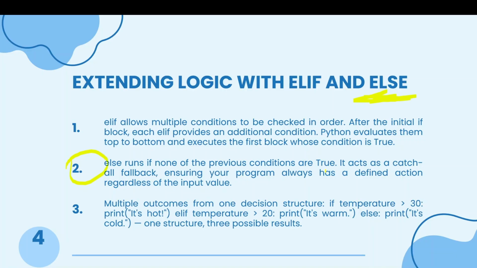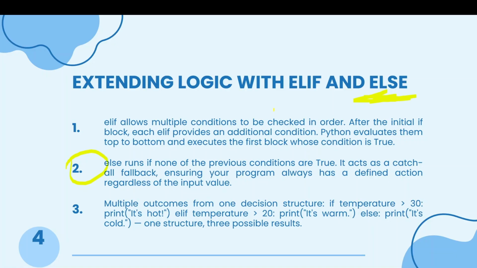If your condition is not true, then what happens? There is no other statement. At that time, there is our conditional statement, which is else. It means whenever nothing is going to happen, or there is a default case, at that time we are going to use the else statement.